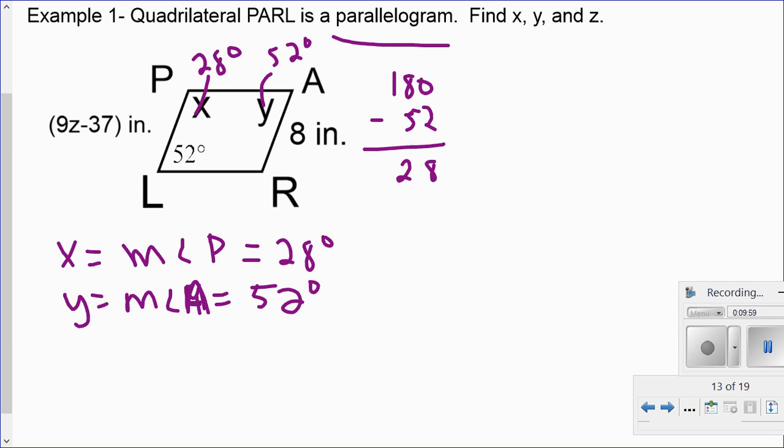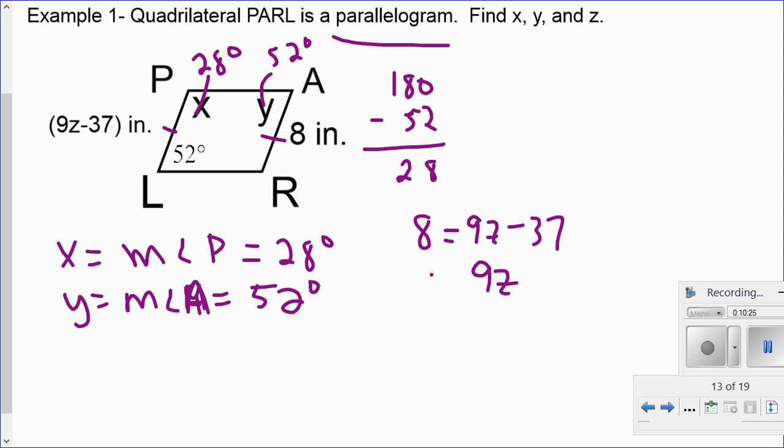Lastly, I'm supposed to figure out what z is. Well, z has to do with the side length. This is a parallelogram, and we know that opposite sides are congruent. So that means 8 inches is going to be the same as PL, which is 9z minus 37. So 8 is equal to 9z minus 37. I'm going to solve for z. I'm going to add 37 to each side.